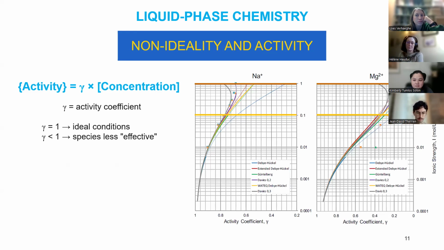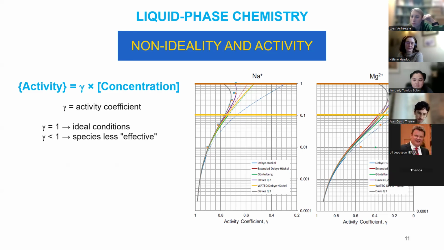Looking at these graphs on the right, the x-axis is the activity coefficient, and the y-axis is the ionic strength. The ionic strength actually represents how concentrated your solution is with ions. So the more ions you have, the stronger your wastewater is, the higher the ionic strength that you have. I showed these 2 figures here to differentiate between a monovalent ion such as sodium, Na+, versus a divalent ion, which is magnesium 2+.